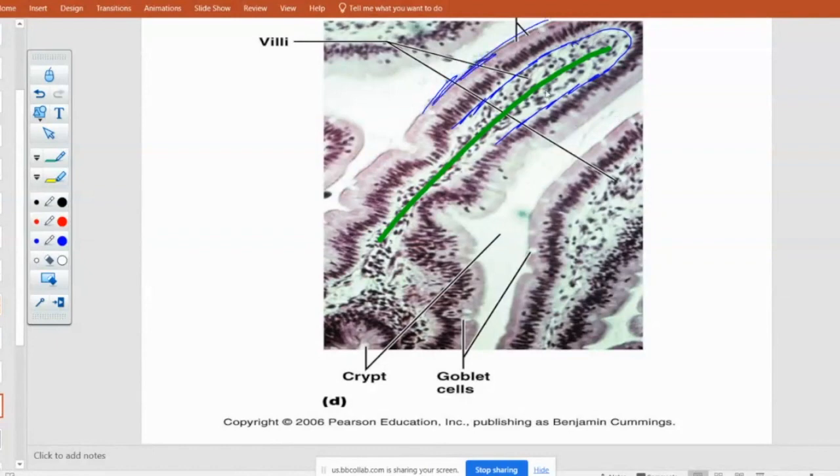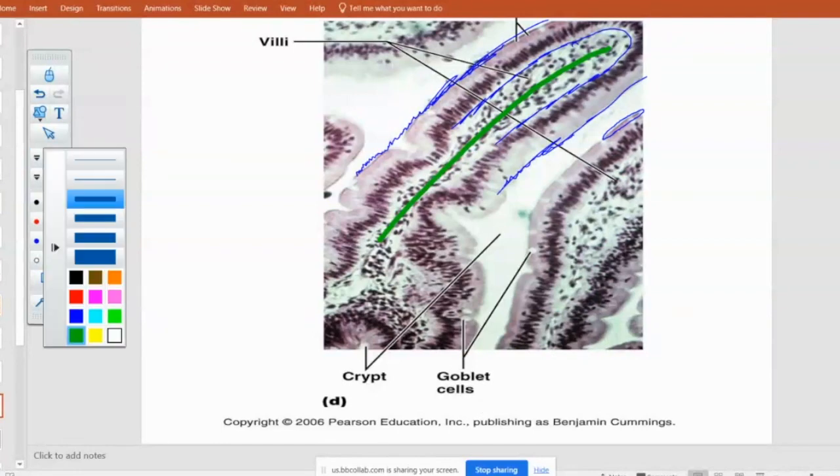And out here is the free surface where, watch this, see how it's dark? Tell me what those are. Very good, those are microvilli all the way around on the outside of all that. So you see them really good right here. Those microvilli. I'll go ahead and even label it there.